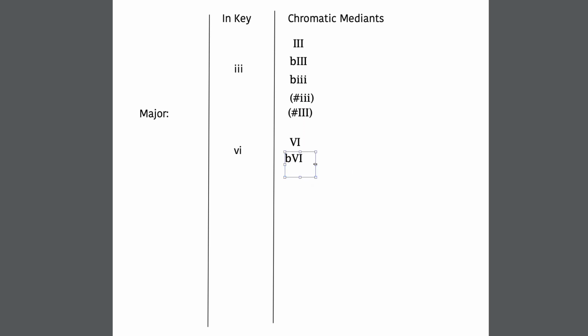What would that be? If we're in the key of C major, this is going to be A minor. This is going to be A major. It's going to be A flat minor. Or sorry, A flat major. This is going to be A flat minor. This would be A sharp minor.